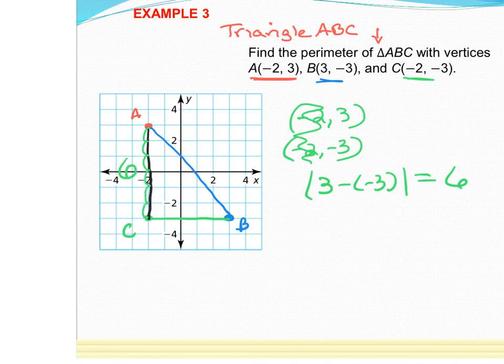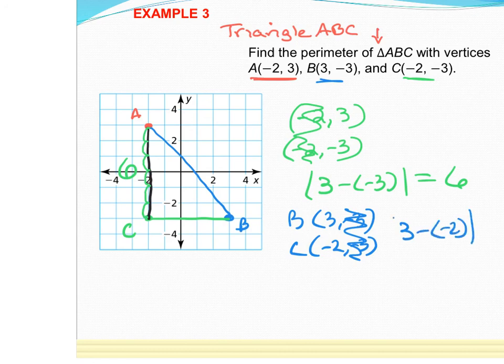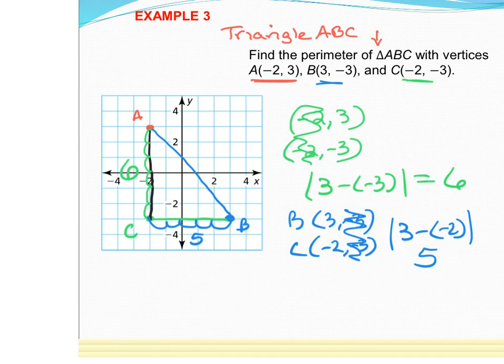This side length is 6. I'm going to do the same thing for BC. Again, cross off the number that's the same, and you could just subtract or count the squares. 1, 2, 3, 4, 5. So a 6 and a 5.